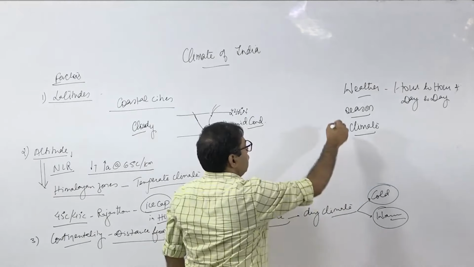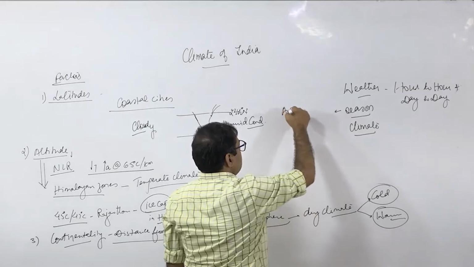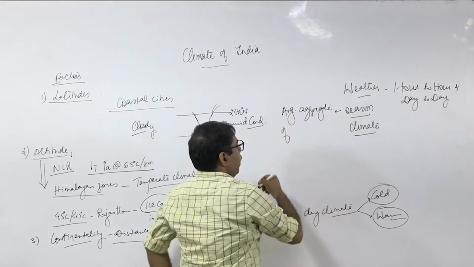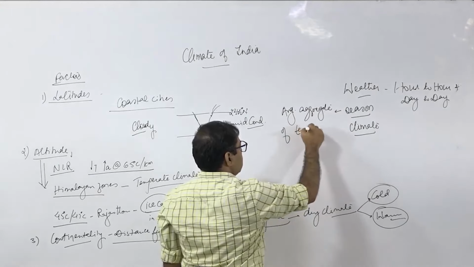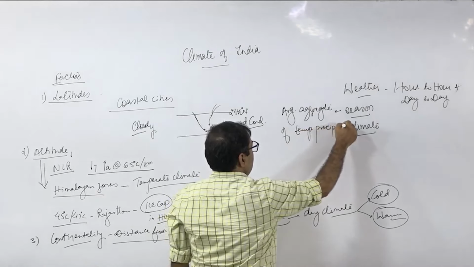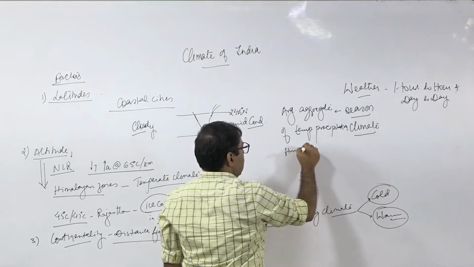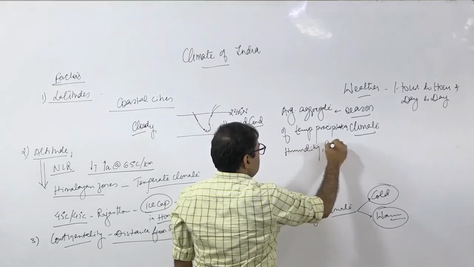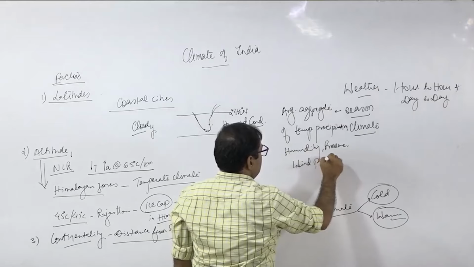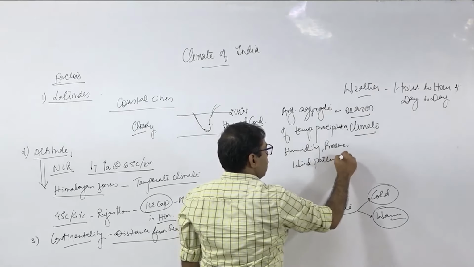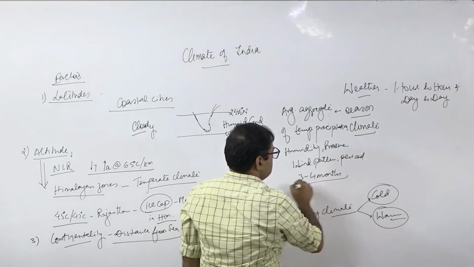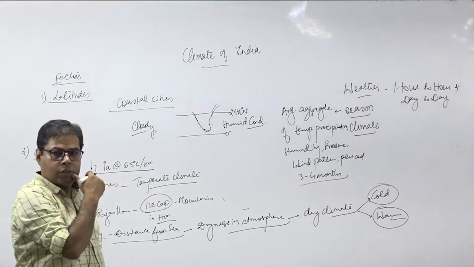Atmospheric condition is weather. Season is the average aggregate of temperature, precipitation, humidity, pressure, wind pattern over a period of 3 to 4 months, right or not?